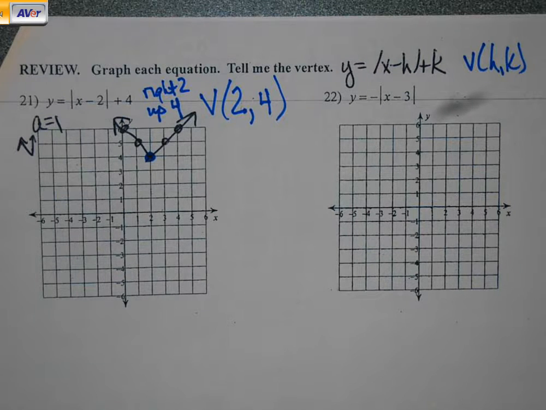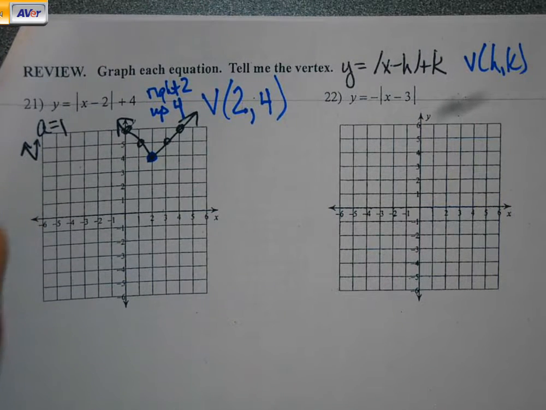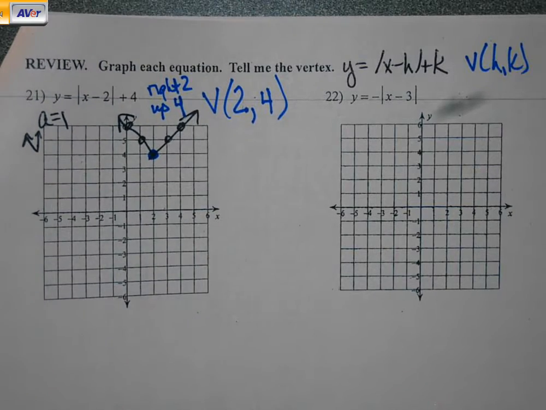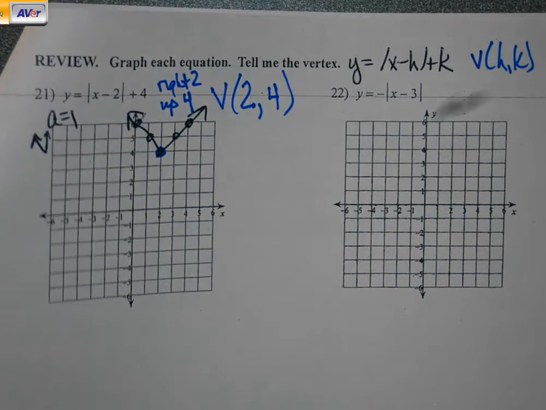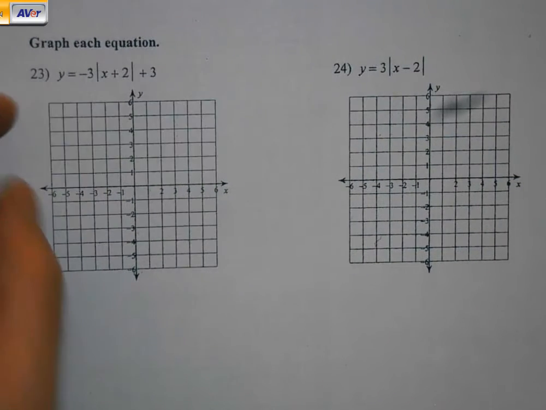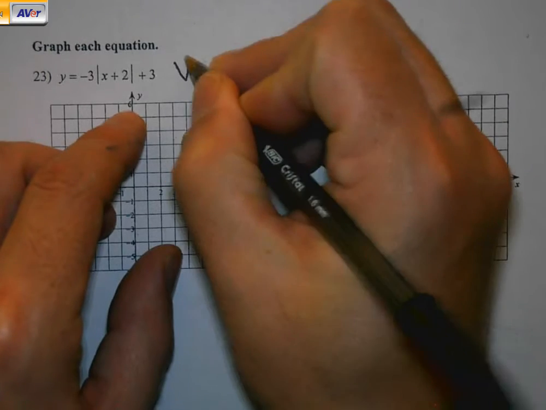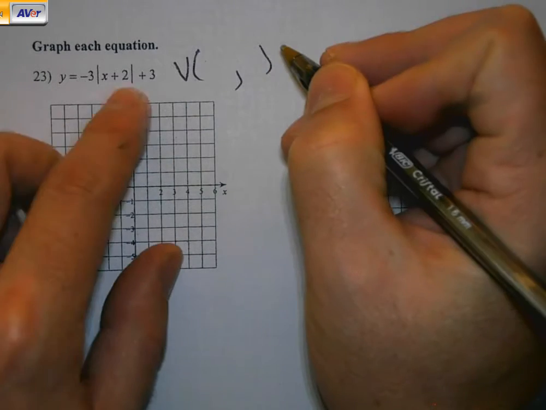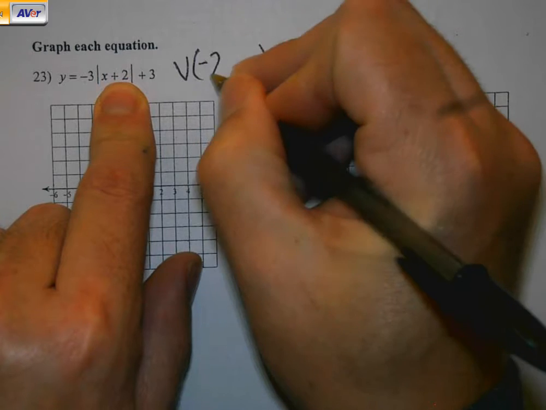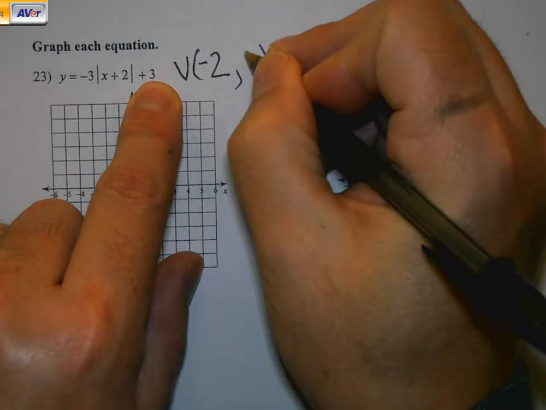And so what I also wanted to take a peek at was one with a little more interest here. So we're going to take a peek at 23. Yes, 23. So 23, I look at that and I go, okay, my vertex is the opposite of H, any K value.